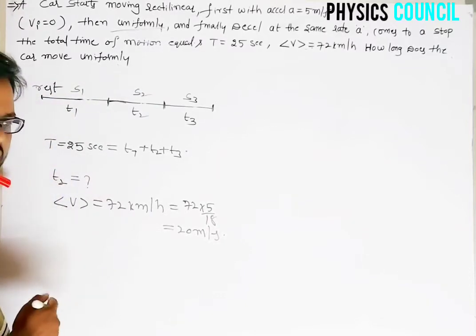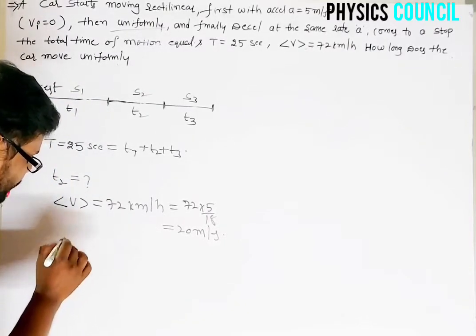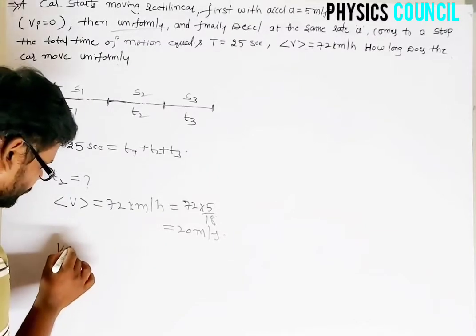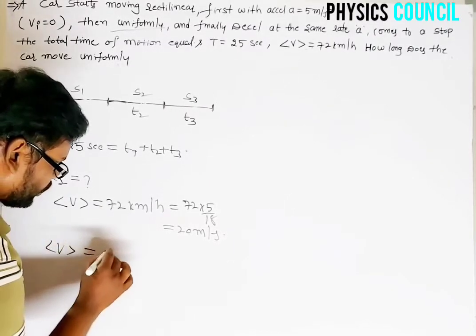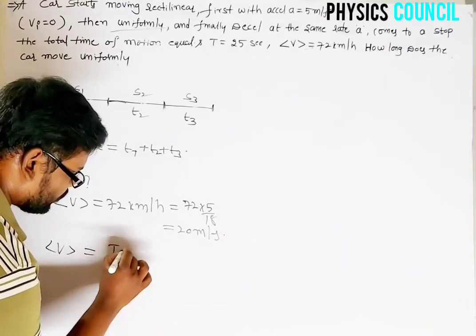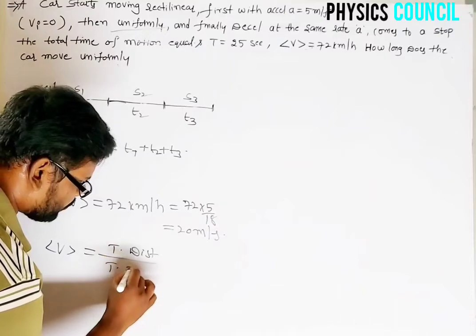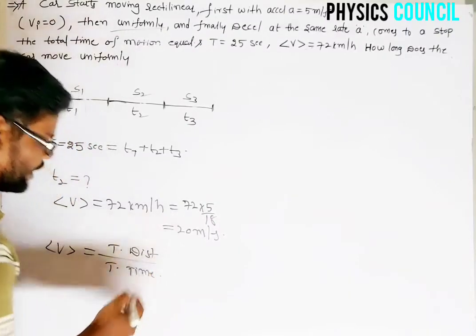By taking this average velocity formula, we are able to find that t2 value, isn't it? So average velocity v equals total distance by total time taken.